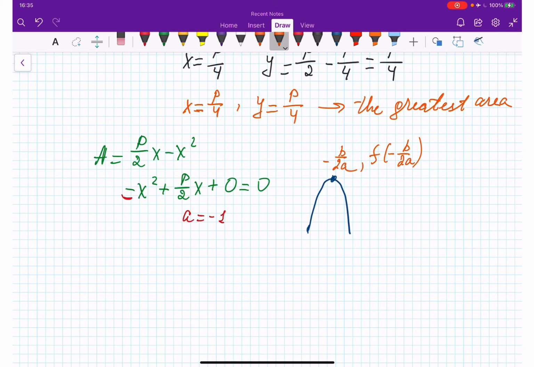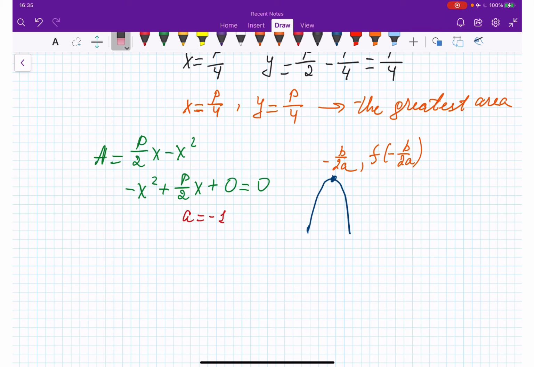So what do we have here? X for the vertex is going to be equal to negative b over 2a. So let me complete here: b is going to be P over 2, and c is going to be equal to 0.